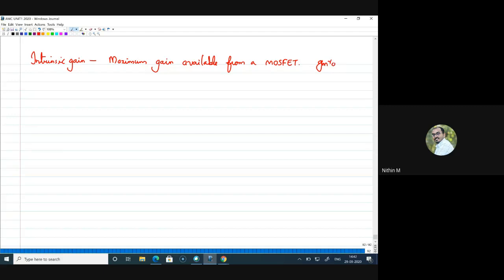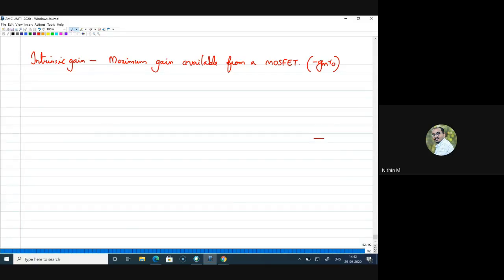Even though we have obtained it as minus gm into r0, we always refer to the magnitude of intrinsic gain. So if you write it as minus gm r0 or gm r0, both are the same looking at the magnitude. So gm r0 is the intrinsic gain, which is the maximum gain that is available from a single MOSFET.